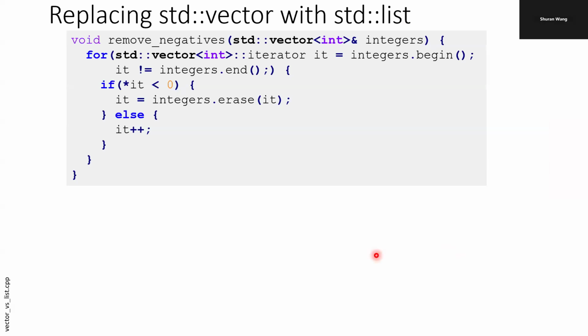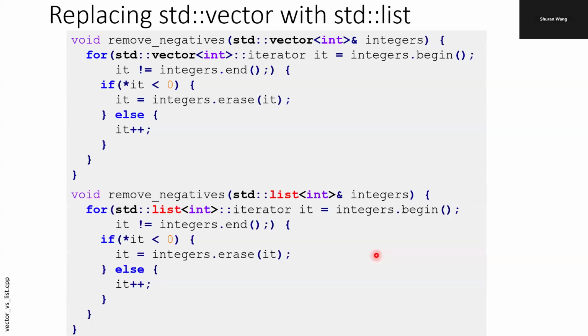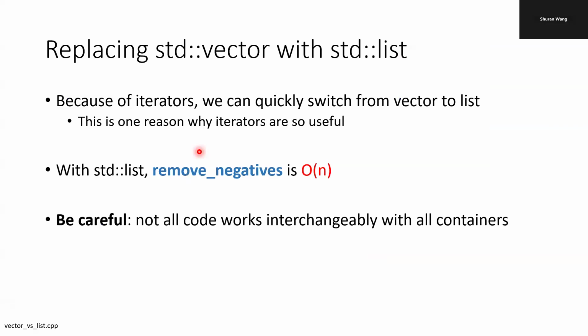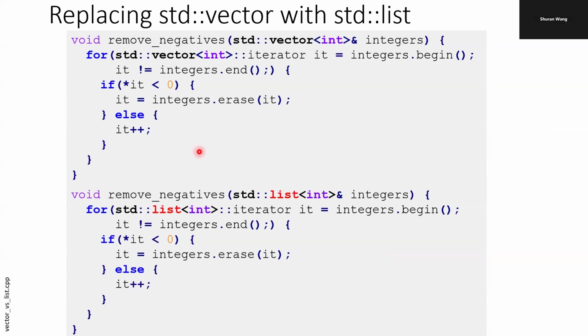For remove negatives, lists will benefit more than vectors because list will only take O(n) in total. Erase will only take O(1), and O(1) times O(n) is O(n). Vector takes O(n squared). And if we need to change from vector to list, it's really easy if you're using iterators, because the only thing you need to do is search and replace vector with list.